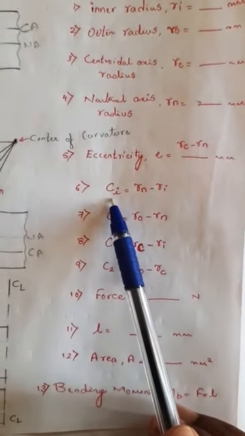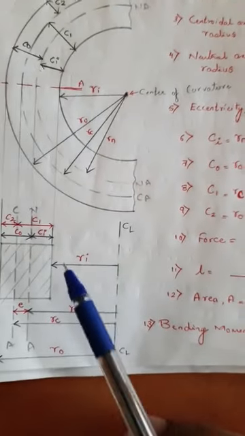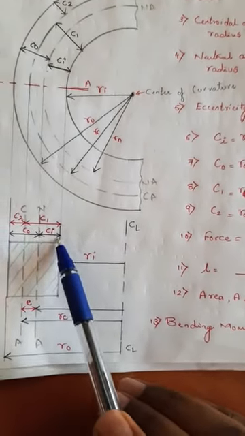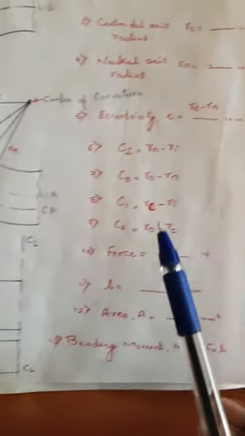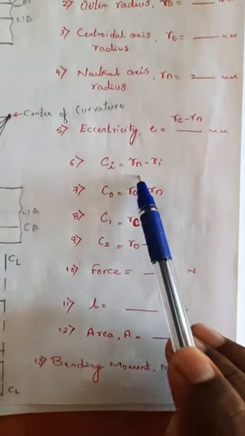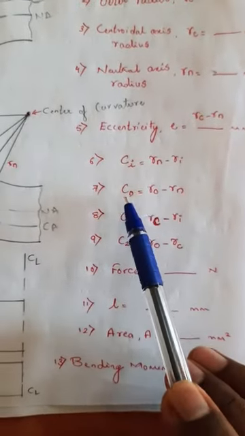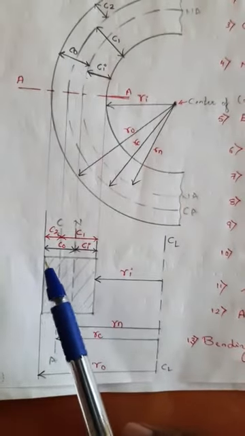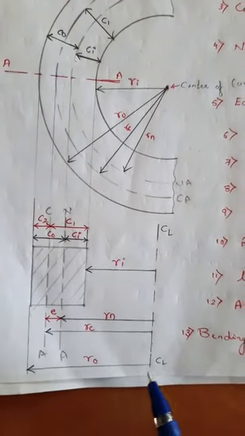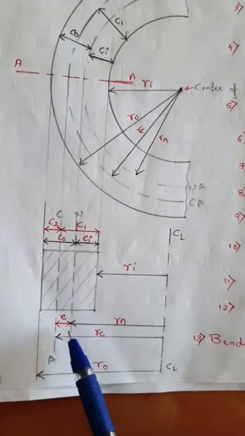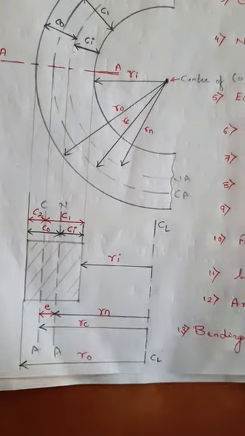So Ci, from the figure, Ci is Rn minus Ri. Co, in the figure, Co is Ro minus Rn.